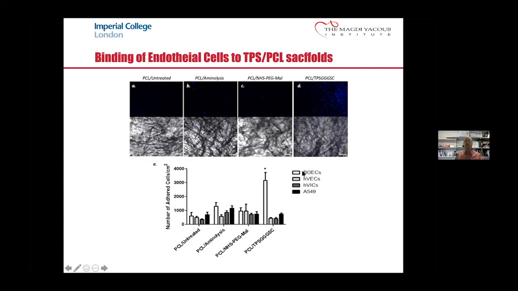So these are endothelial cells grown from blood. We can't really call them progenitor cells because they've undergone some change, but they would have started off as progenitor cells. And we compare those with valve endothelial cells, valve interstitial cells, and another endothelial cell line. And the peptide was able to capture significantly higher numbers of BOEC compared to any other cell type.